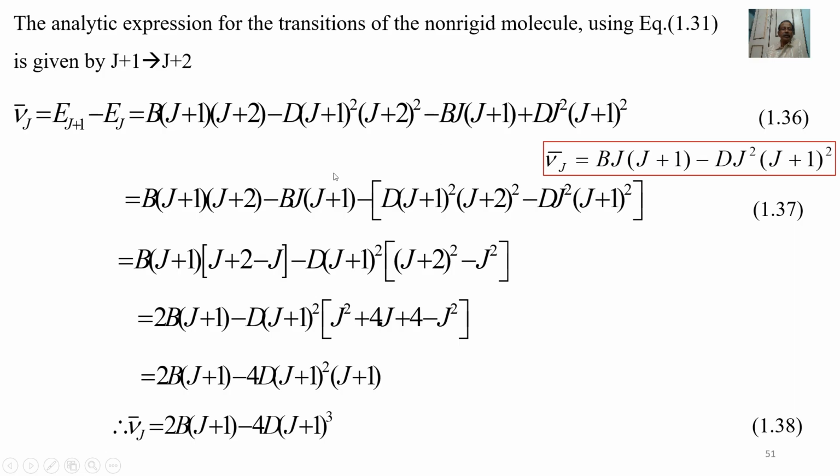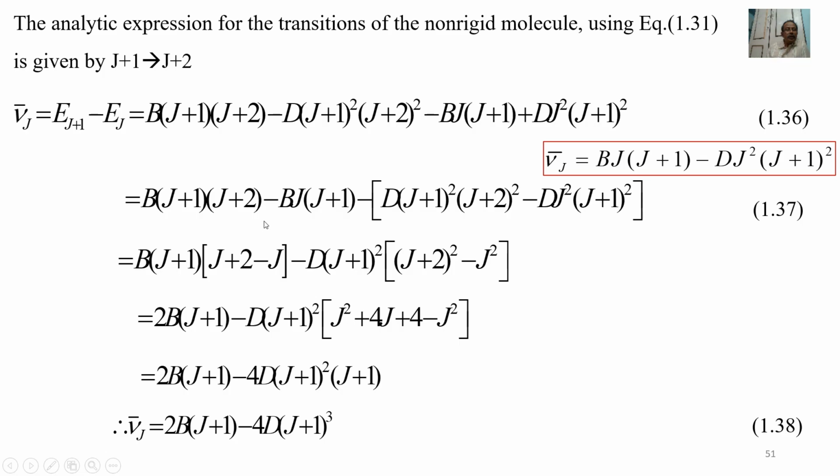Now we separate B alone on this side and D on that side. So equation 1.37 is obtained. So B J plus 1 J plus 2 minus B J J plus 1, and taking the minus term out, we have D J plus 1 whole square J plus 2 whole square minus D J squared J plus 1 whole square.